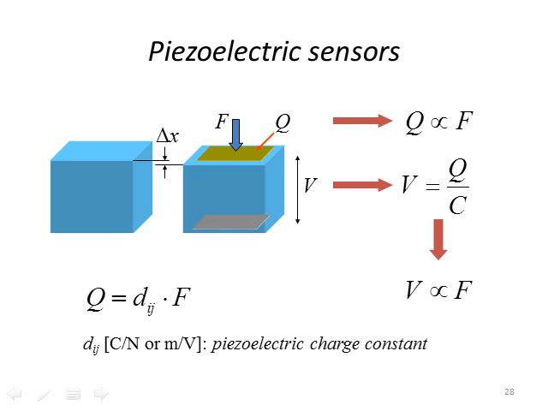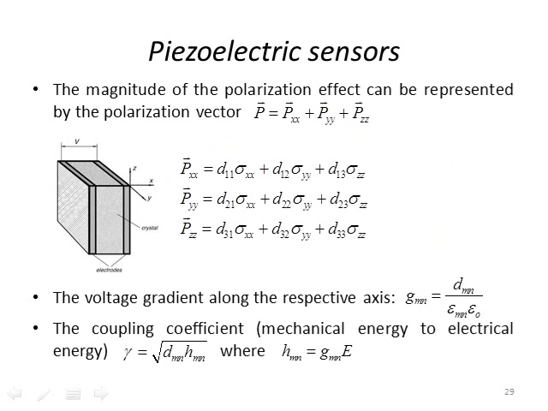Now the Q, the charge that's generated, is equal to some material constant multiplied by the force that we apply. This piezoelectric charge constant, Dij, can have different units, and these are really material properties. The magnitude of the polarization effect, which is basically generating charge for a particular force, can be represented by a polarization vector.